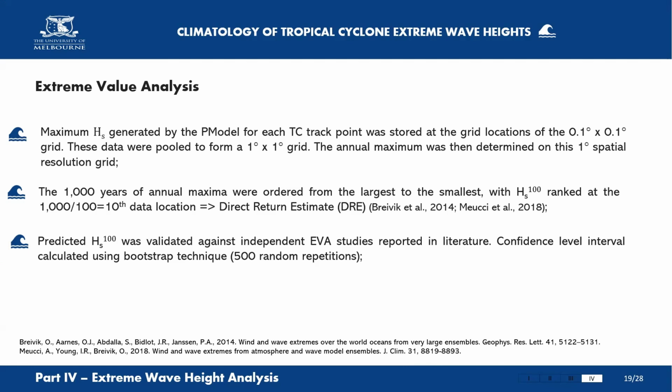These data were pooled to form a 1 by 1 degree grid, and the annual maximum was determined on this 1 degree resolution grid. The 1,000 years of annual maximum were ordered from the largest to the smallest, with the HAS 100 ranked at the 10th data location. We call this direct return estimate.